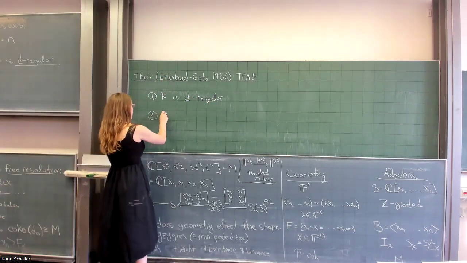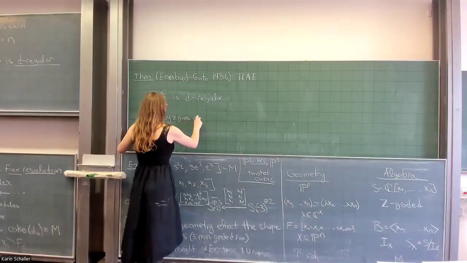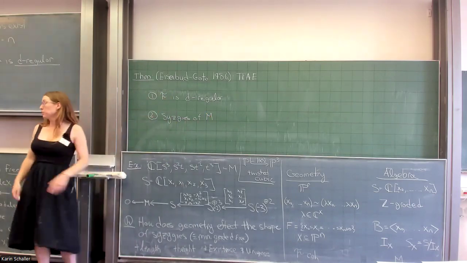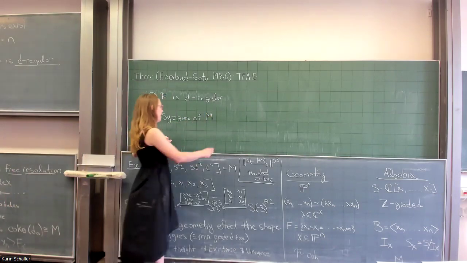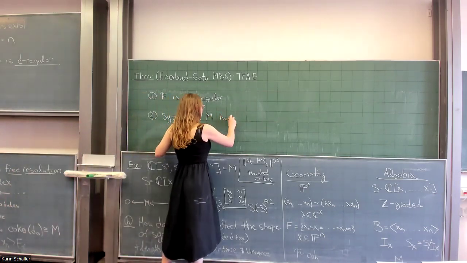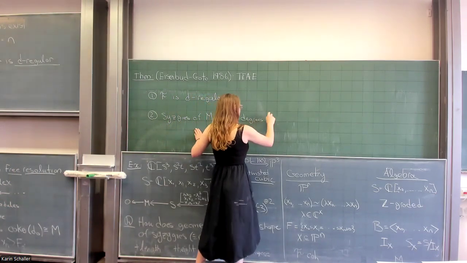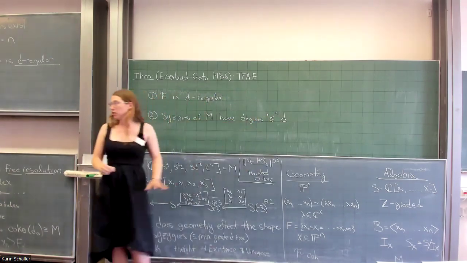Secondly, the syzygies of M, so if you resolve the module coming from F, so take the section module of F, that gives you some module M, have degrees less than or equal to D. That's a little bit of a lie.